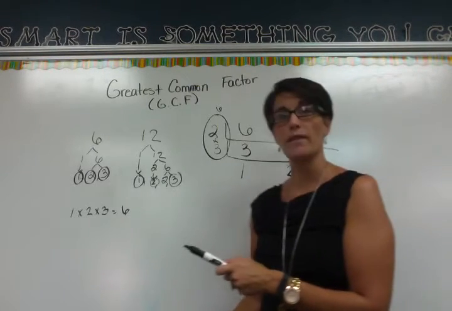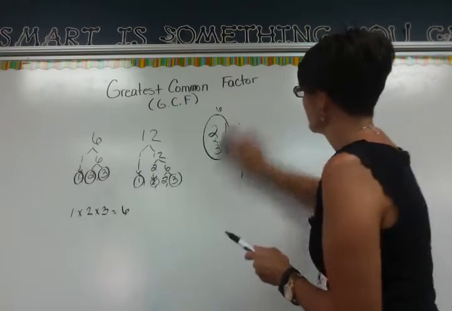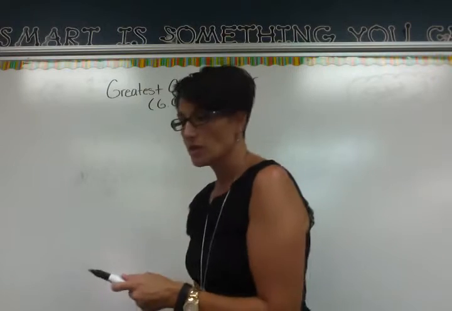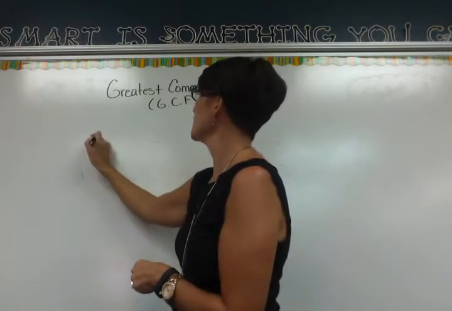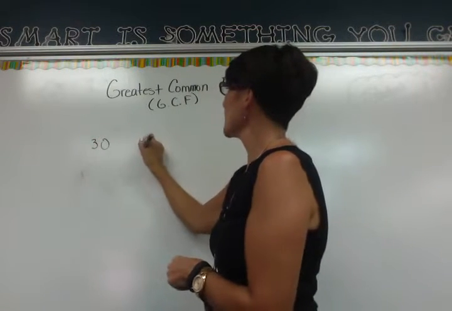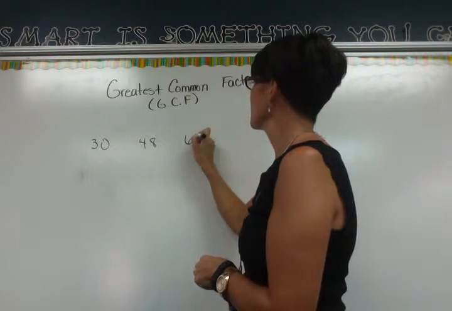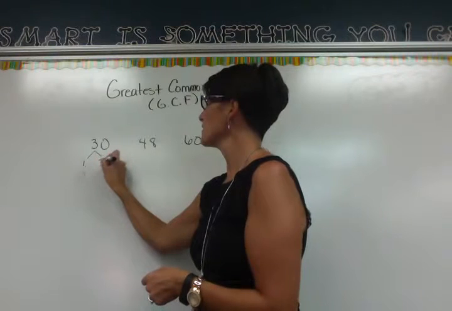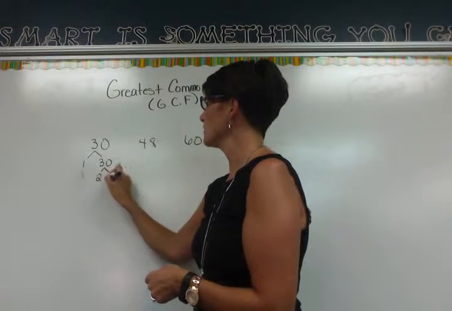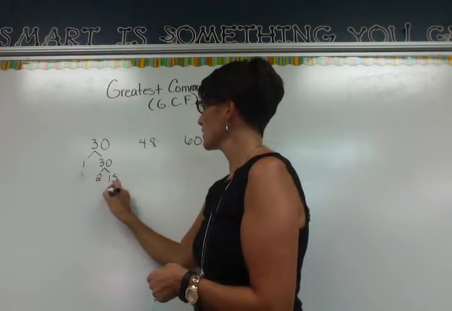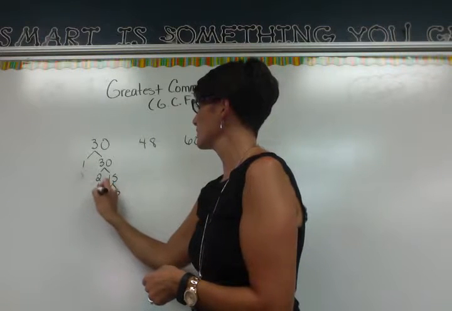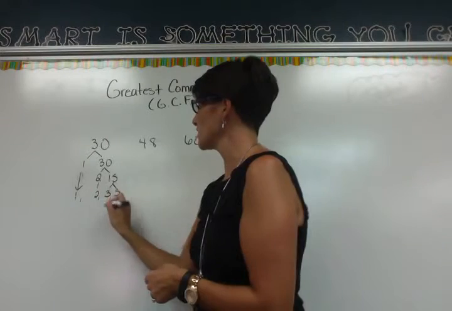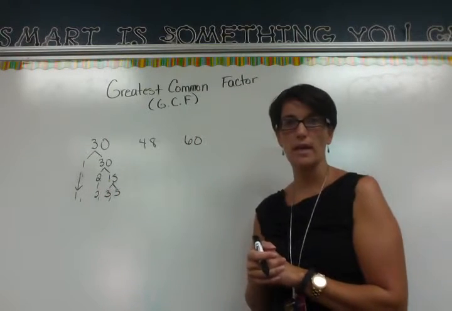So let's try one that has 3 numbers. Over here, we're going to try the numbers 30, 48, and 60. So first, I'm going to factor out. I would have 1, 30, 2, 15, 3, 5. And I would say the factors of 30 are 1, 2, 3, and 5.